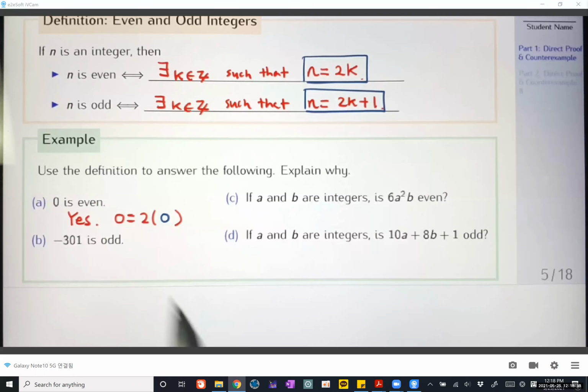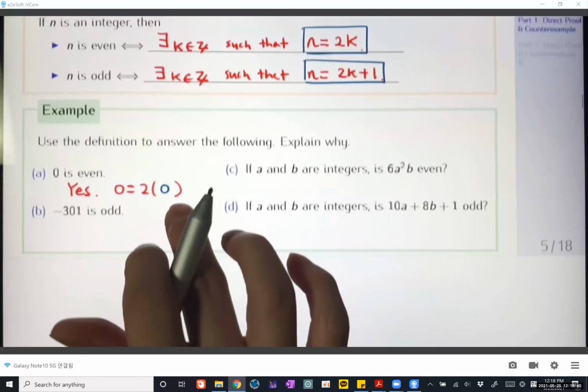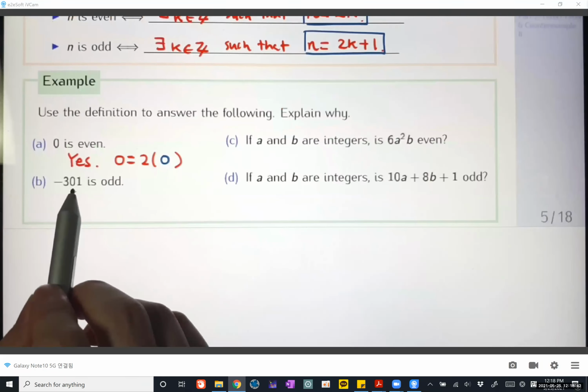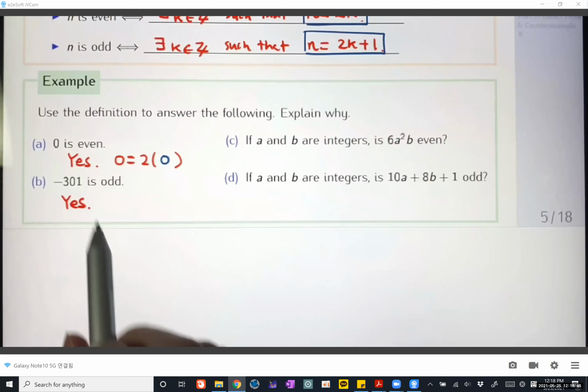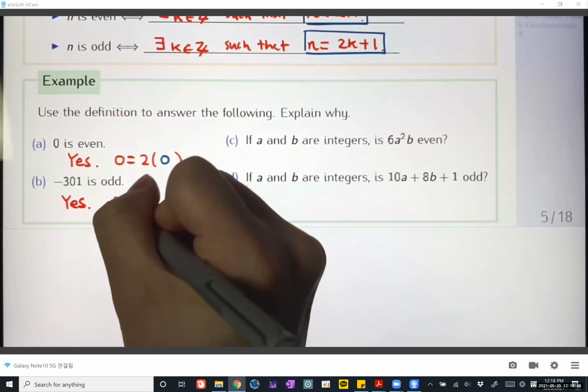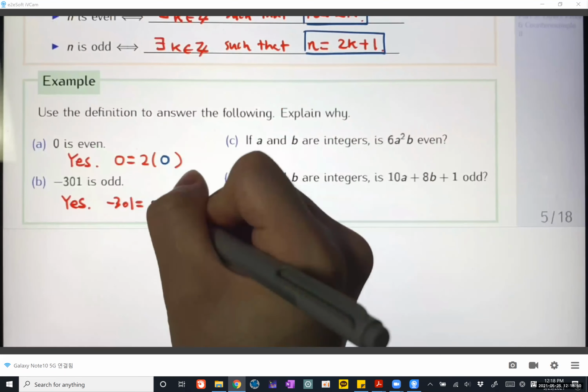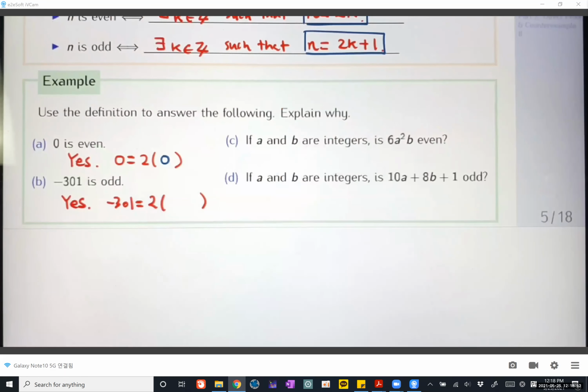How about part B? You guys all know that negative 301 is odd. So it's yes. Because we can represent negative 301 to be 2 times some integer plus 1. What is that special number here, everyone? 2 times what, plus 1, gives us negative 301?